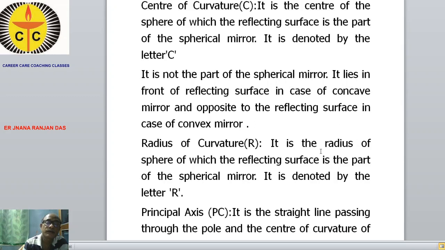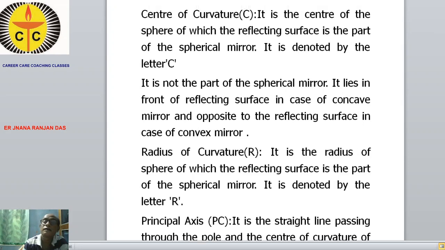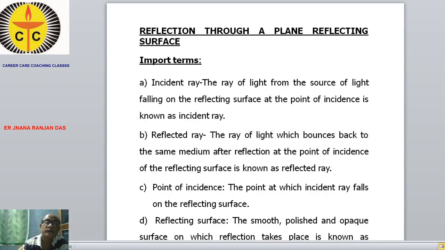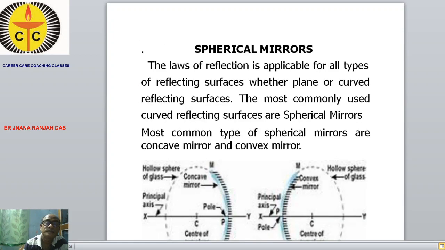Then the next thing is the radius of curvature. What is the radius of curvature? If this is the center of curvature, from the center of curvature, this distance is the radius of curvature.